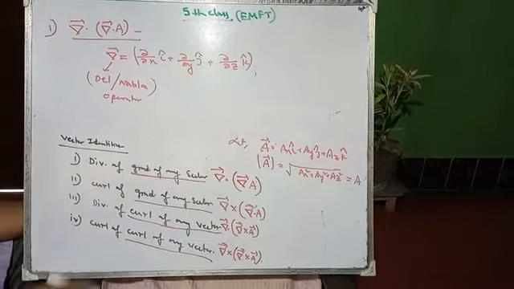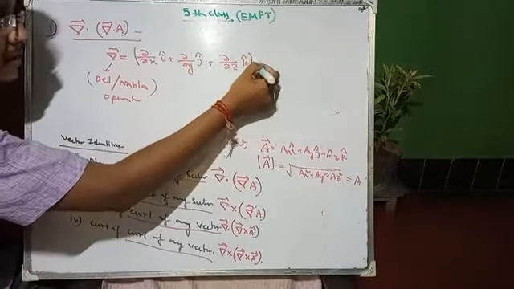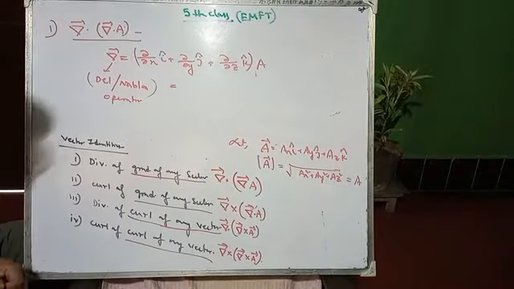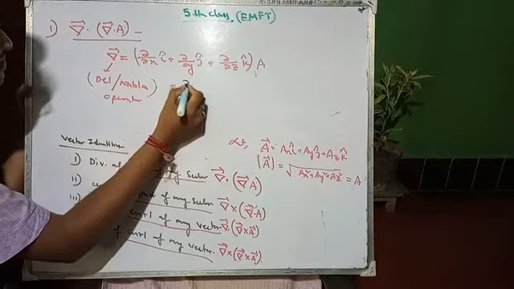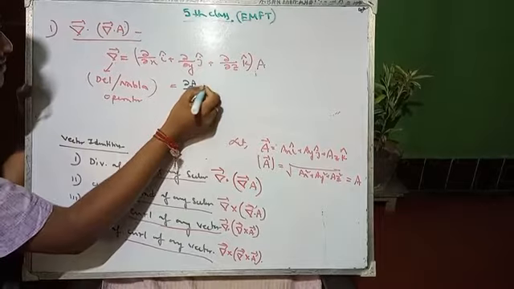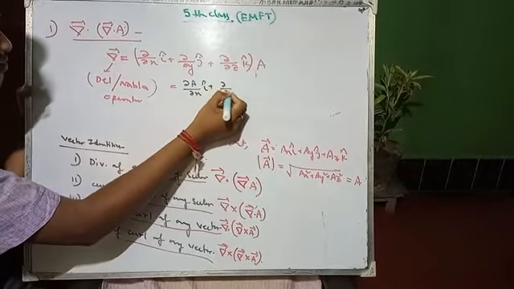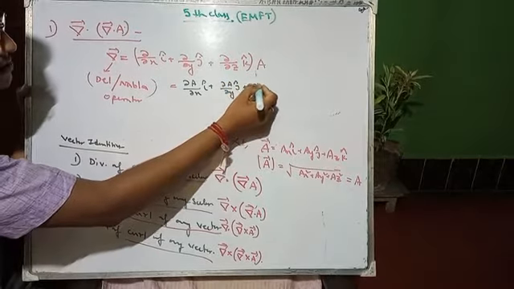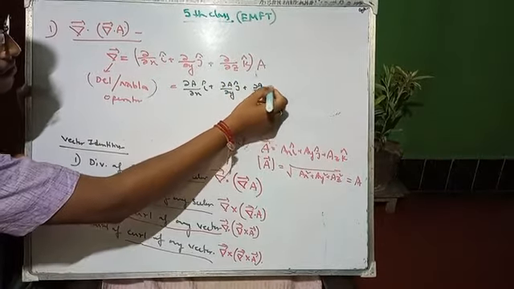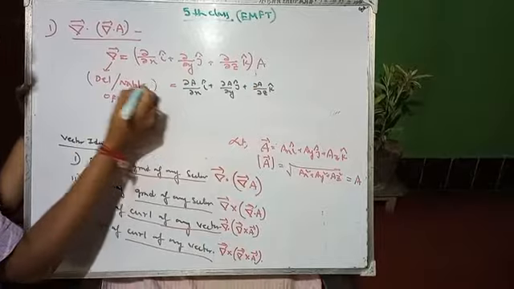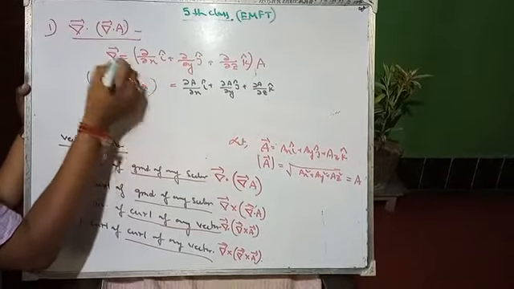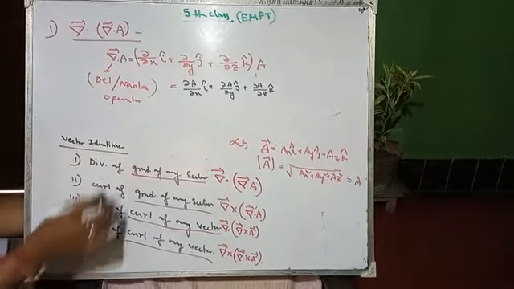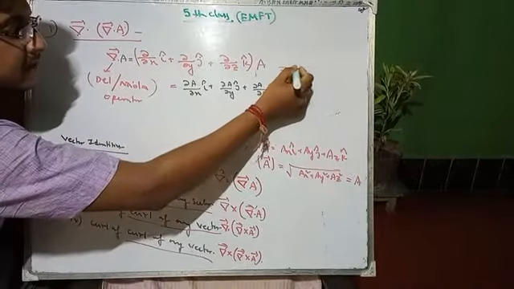So whenever we are taking the gradient over this a, then what happened? Just a can be represented, so you can write del a del x I cap plus del a del y j cap plus del a del z k cap. You can say this is gradient of a. So gradient of a can be taken as suppose another vector p vector.